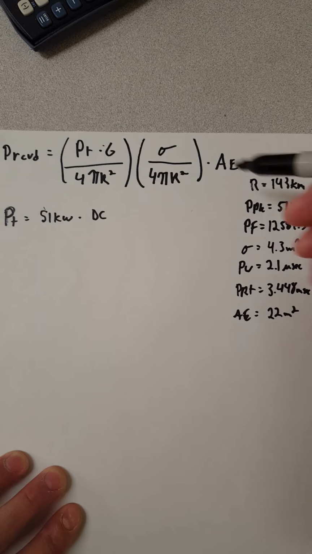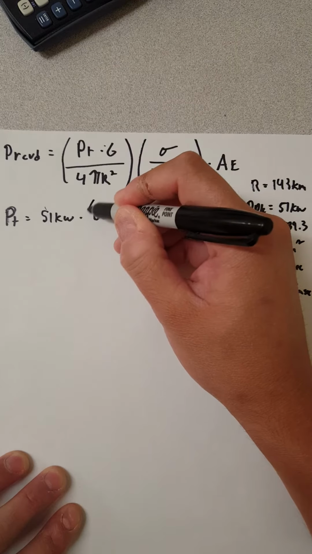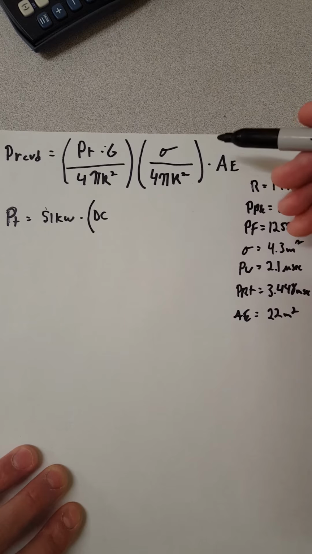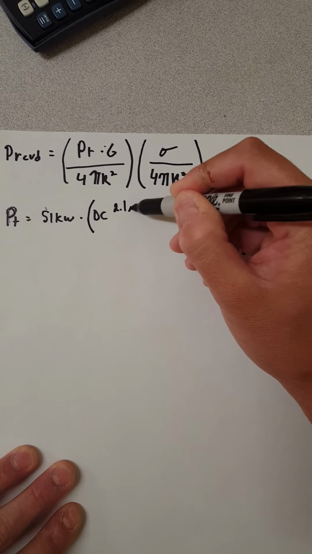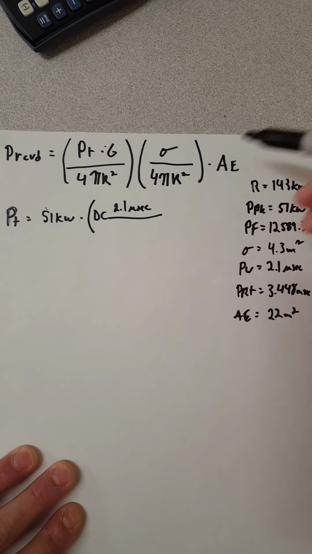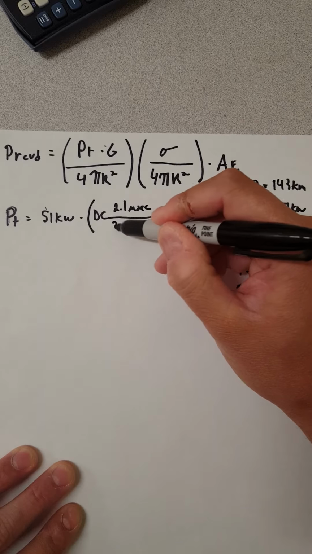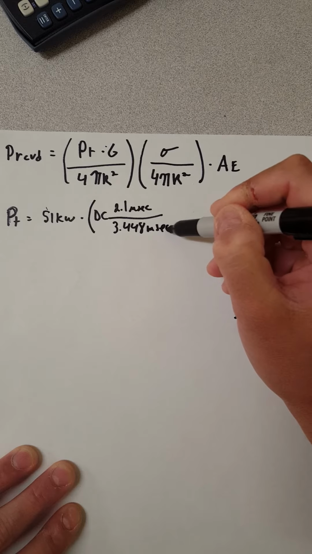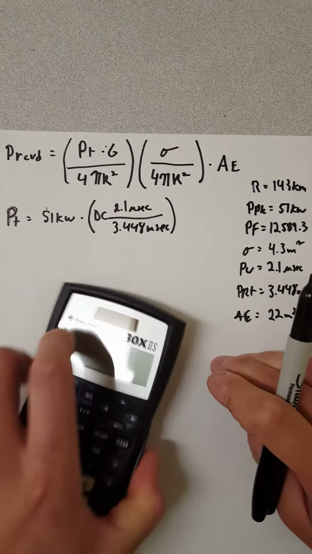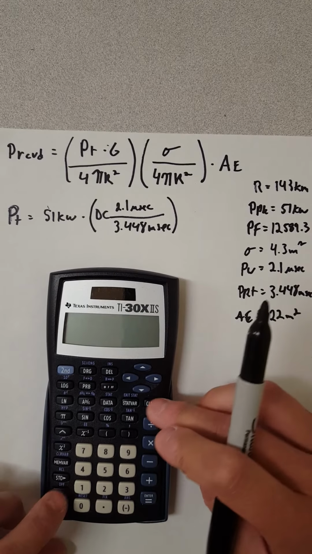So we'll say duty cycle is 2.1 microseconds over 3.448 milliseconds. So go ahead and get our power total on the calculator here.